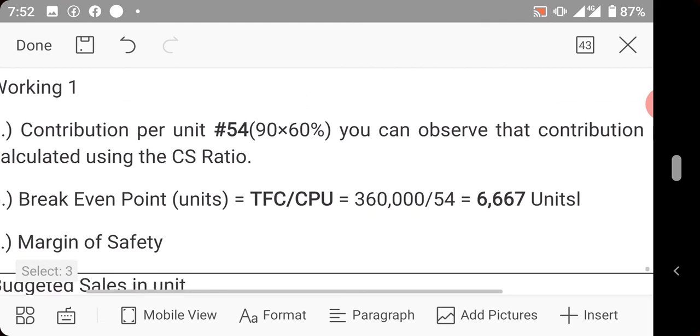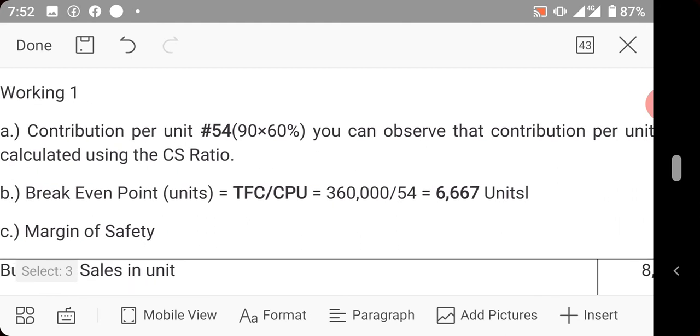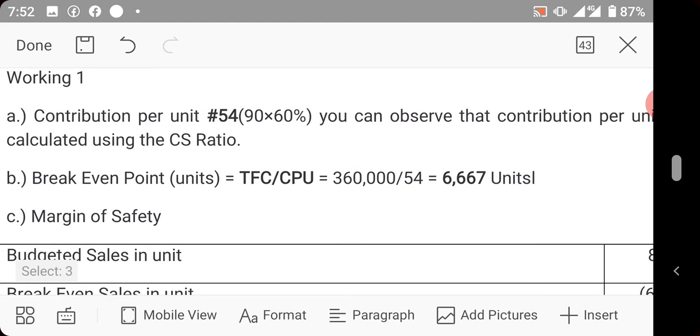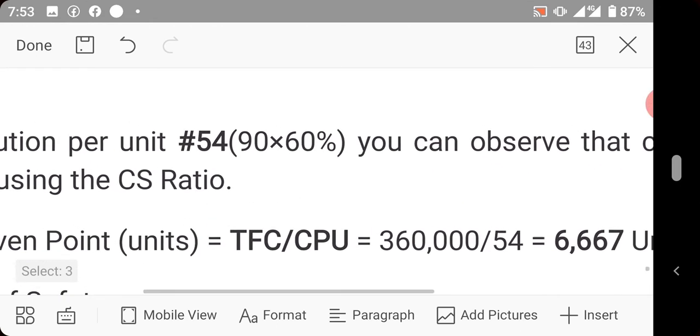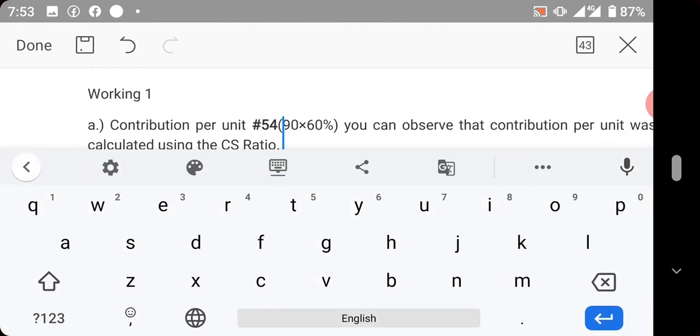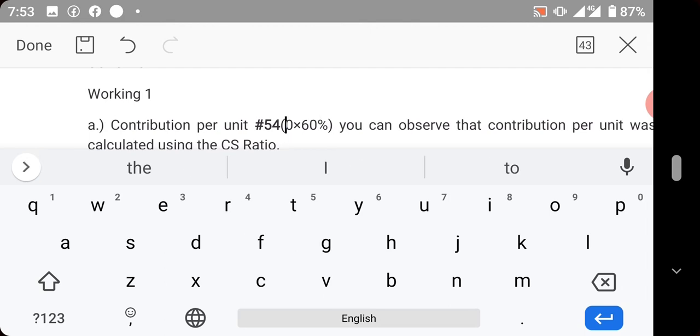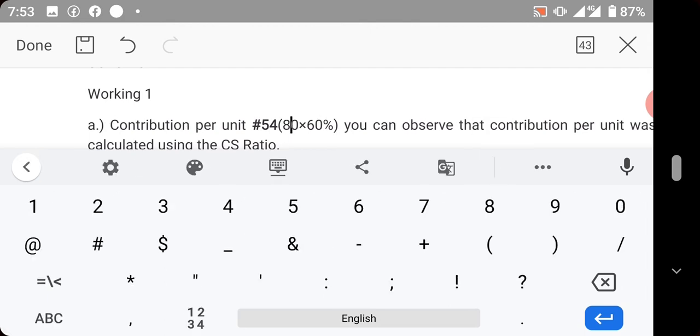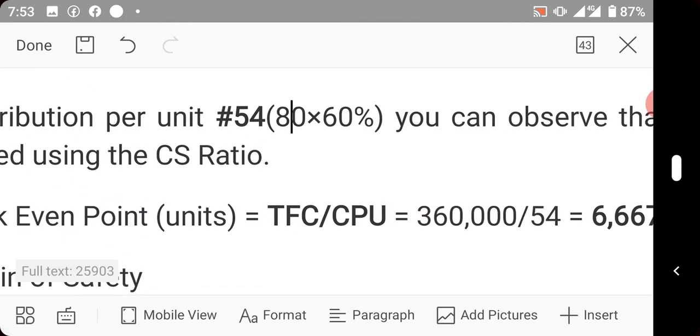Your break-even sales will now need contribution per unit, which is 54 naira. Are you there? Now, how do we get this 54 naira as contribution per unit? 80 times 60% will give you 54 naira.